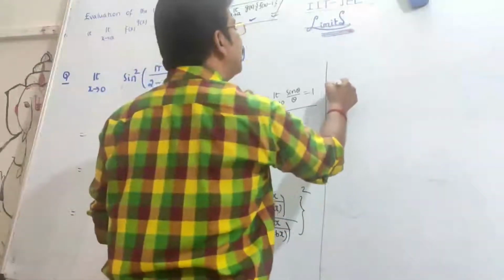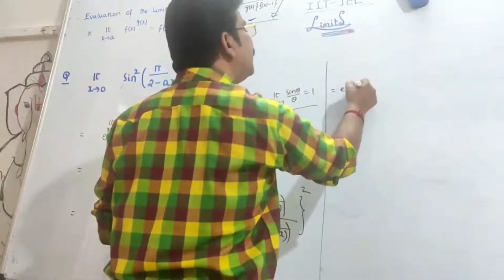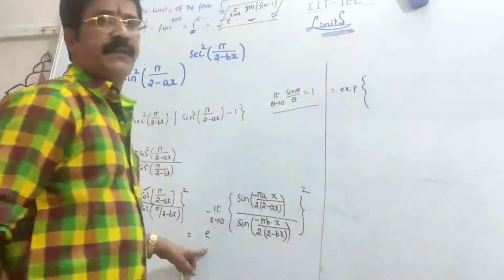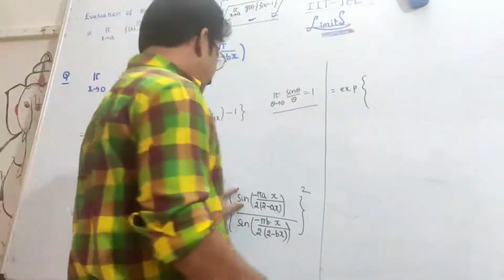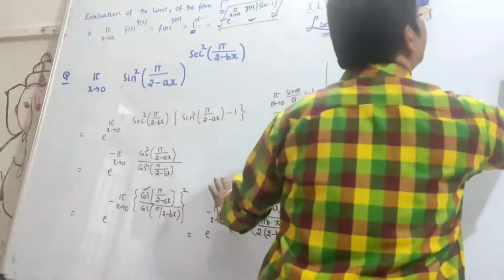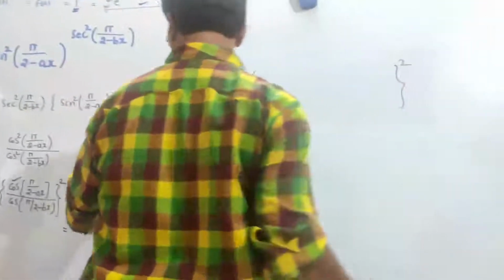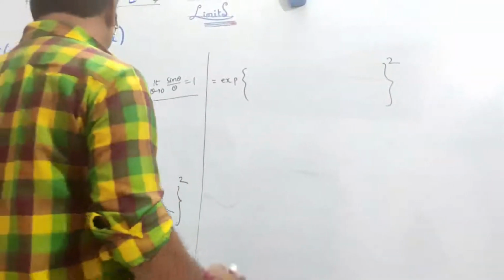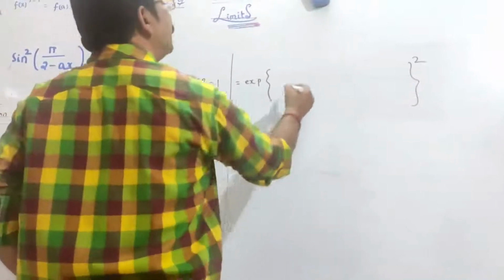I will write like that for our convenience. E power means exponential of, next it is whole square same, limit x tends to 0.